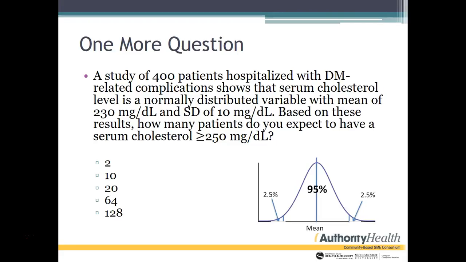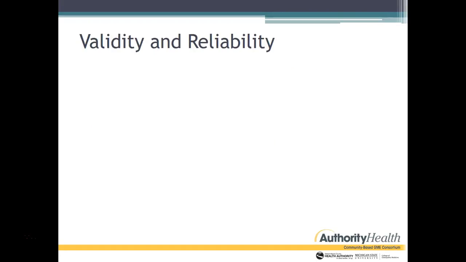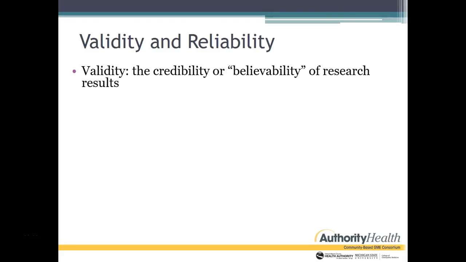That would be the remainder, 5%. Now we divide it by 2 to represent either tail of the curve. And so what is 2.5% of 400? The answer is 10.